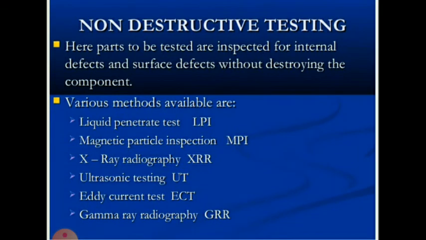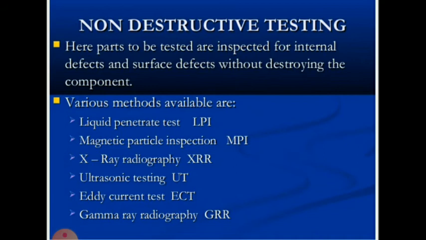Next is non-destructive testing. Here the parts to be tested are inspected for internal defects and surface defects without destroying the component. So inspection is done without destroying the casting.